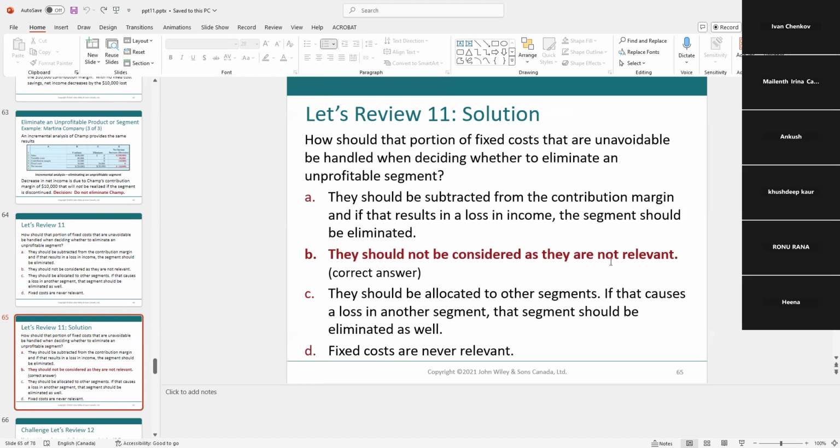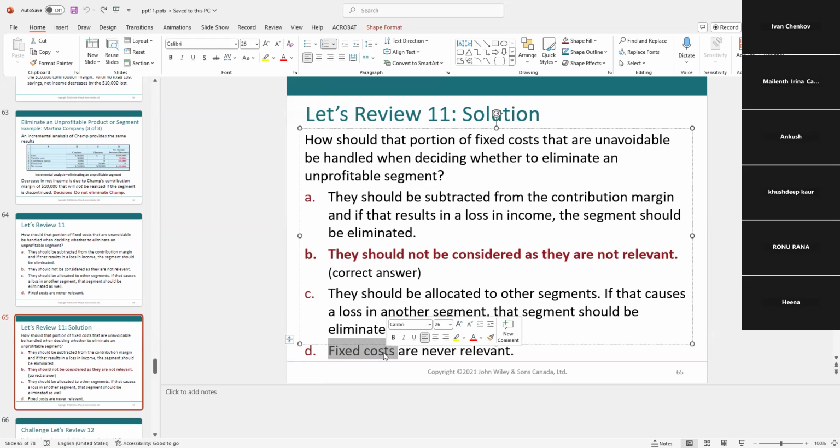In terms of the fixed cost, right? Then we're talking about the fixed cost. D is, to some extent, as long as it says fixed cost, are they relevant or not relevant? That word "never relevant" makes it incorrect.